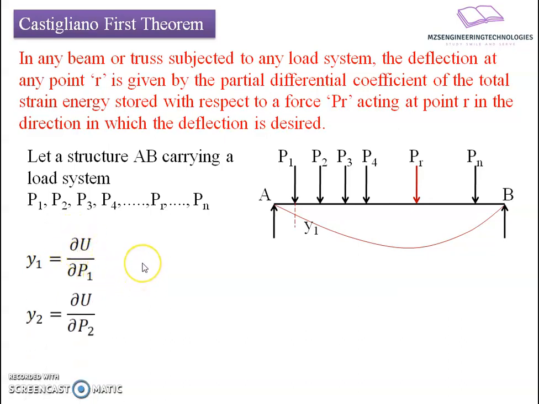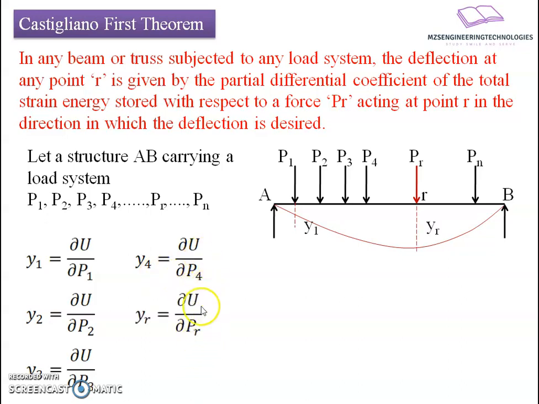Similarly, if I am interested in y2, y2 is equal to dou U upon dou P2, y3 is dou U upon dou P3, and yn is dou U upon dou Pn, and yr is dou U upon dou Pr, which is the point of interest according to the statement.